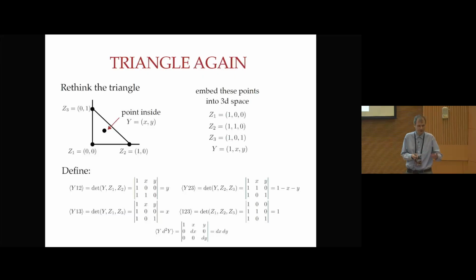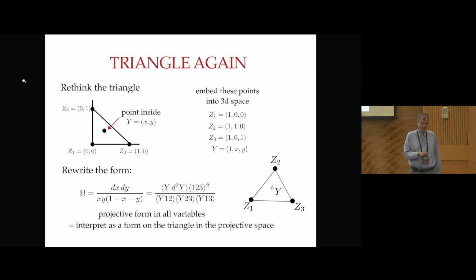So we are basically doing what we did before, but now we enlarged these coordinates in this three-dimensional space and define these brackets as exactly give us these three boundaries that we had here. So this allows us now to rewrite the differential form, which was the differential form for the triangle, in this way. Yeah? When these are the determinants of these vectors here. And indeed, if you take now the coordinates for Y, Z1, Z2, Z3, plug back here, you again get the form that we started with.